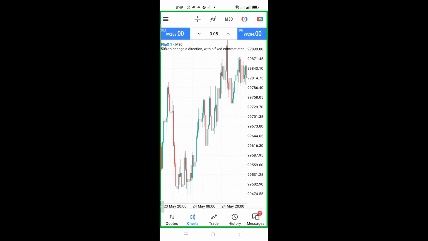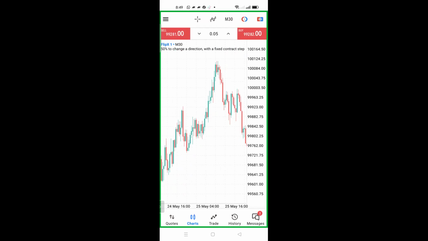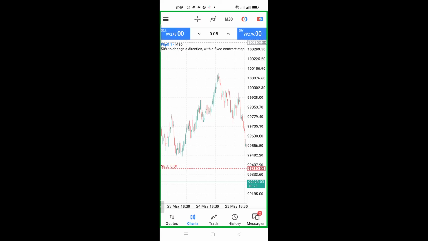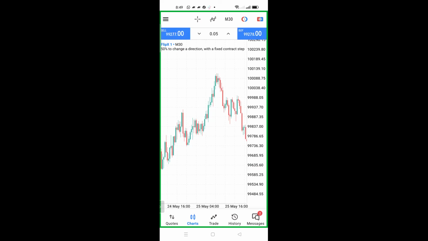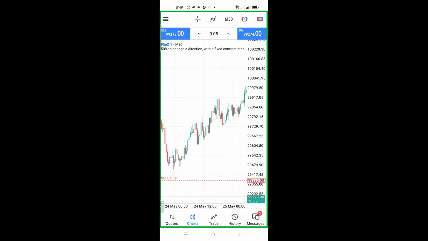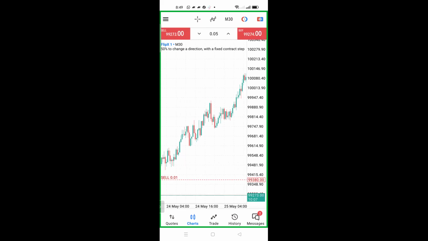Now, why was there all those indicators? The indicators are used to help your analysis to make a decision with information, all right? So you want to buy, you want to sell, you want to make an informed decision with some confirmation.